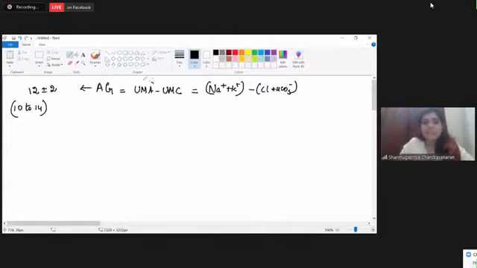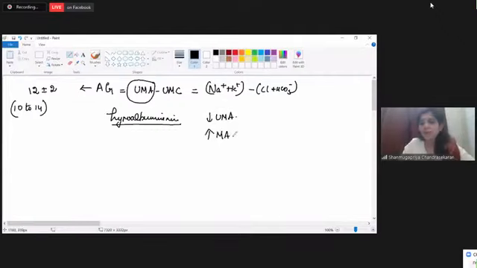Whenever there is a change in one of the unmeasured anions concentration, for example, hypoalbuminemia. So what happens in hypoalbuminemia? Albumin is one of the unmeasured anions in your circulation. So there is a decrease in the unmeasured anion, which will be compensated by an increase in the measured anion. For electrical neutrality, whenever there is a decrease in one anion concentration, the other anion concentration increases.